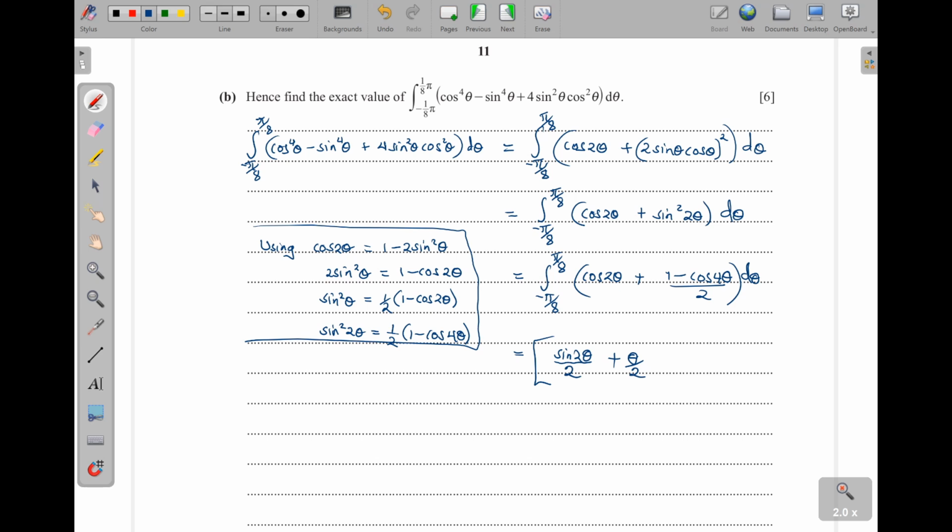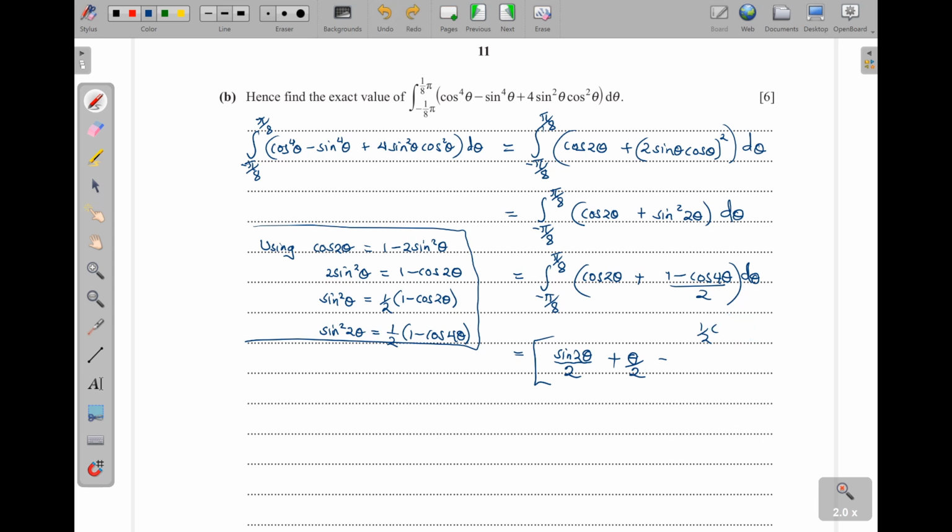Then here we have 1/2 cosine of 4 theta. When we integrate cosine, of course we get a positive sine. So this will be sine of 4 theta, but again we divide by the 4.